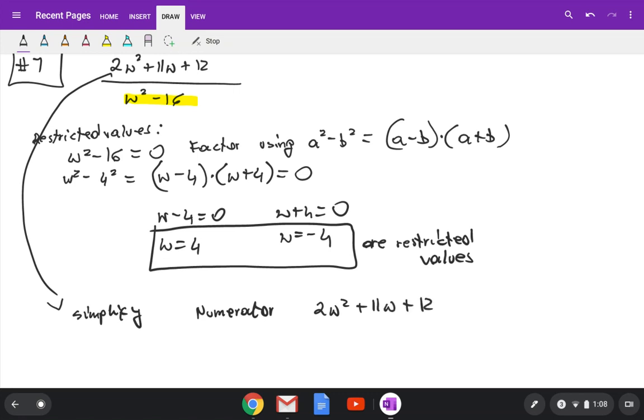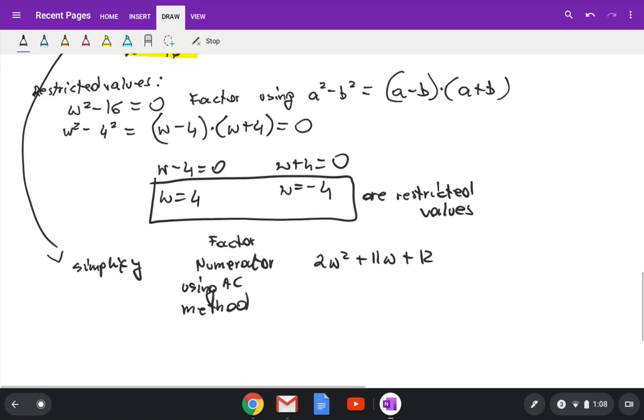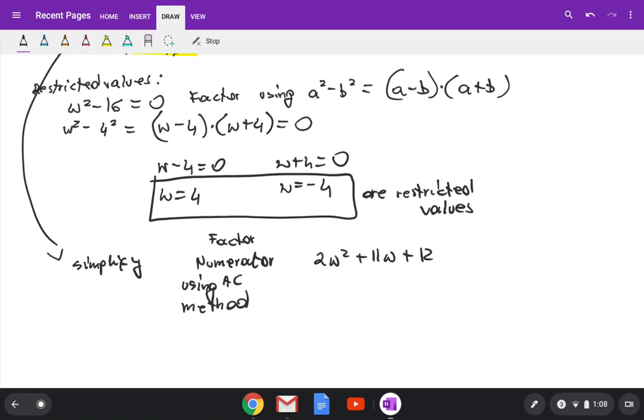What you need to do is factor the numerator using the AC method, because to simplify, you want to cancel repeating factors. So we need to factor this. We need to rewrite it as a product of two factors. So A is equal to 2, B is equal to 11, C is equal to 12.